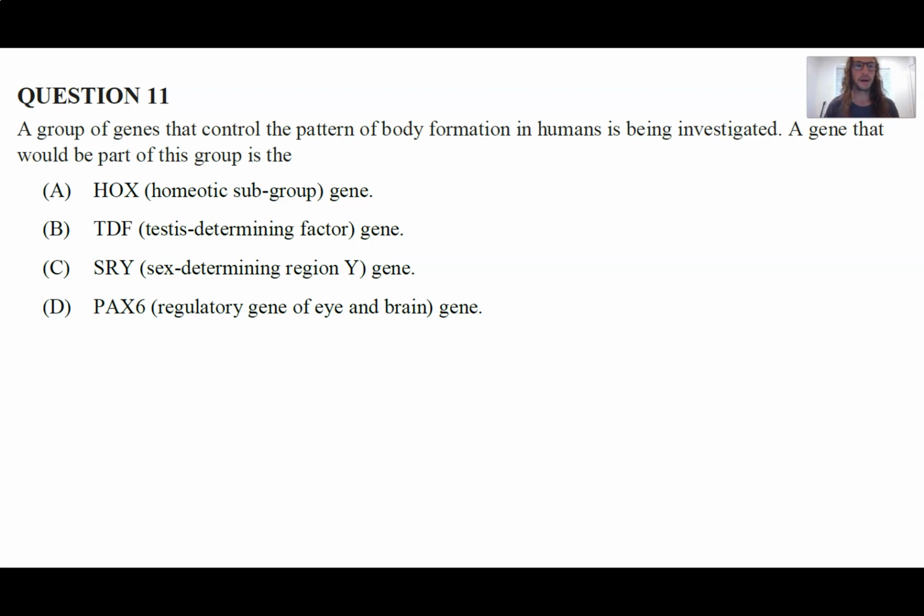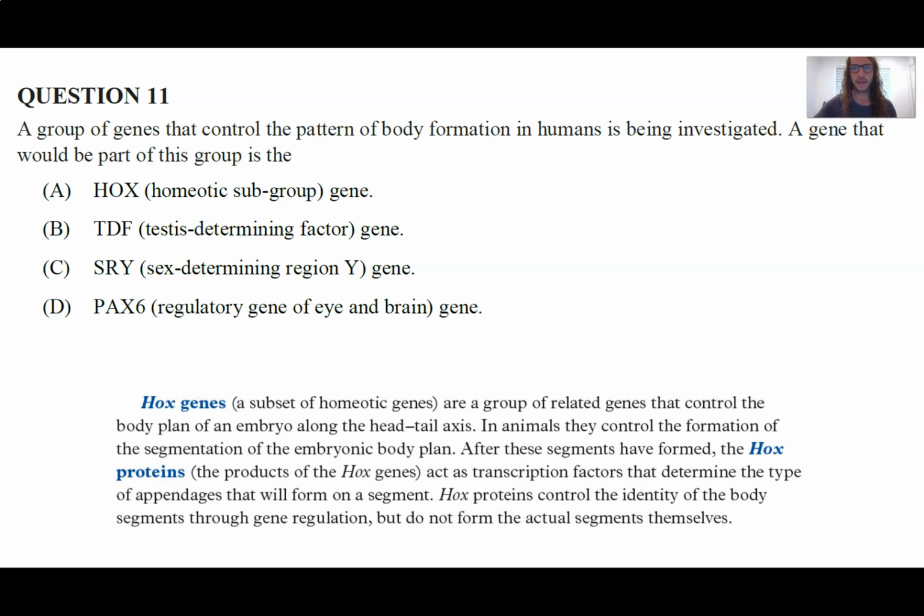A gene would be part of what group? Pause the video here if you need to. We haven't spoken about this, by the way, but it's in your textbook readings. From 9.3, and it just mentions that Hox genes are the ones responsible for, in insects, saying there's a head, there's a thorax, there's an abdomen, there's a tail, that kind of thing. So the answer is A.